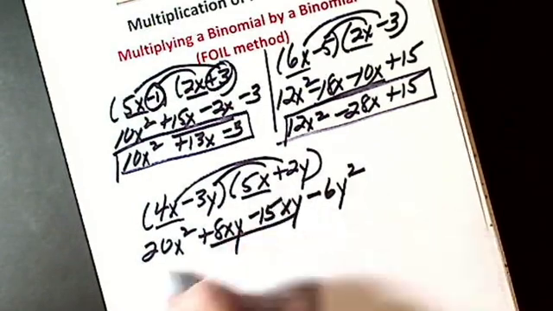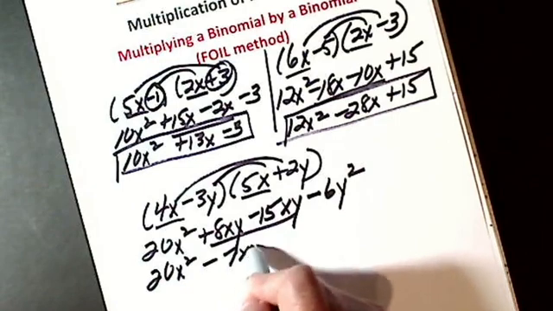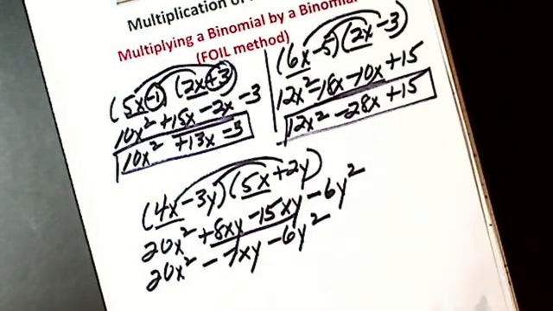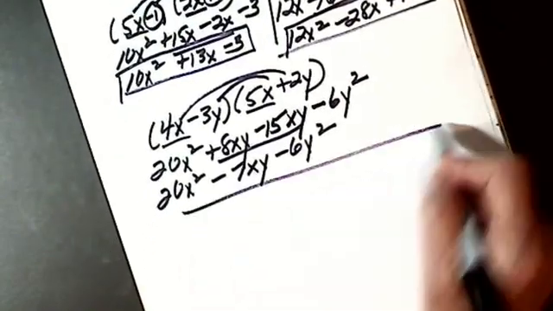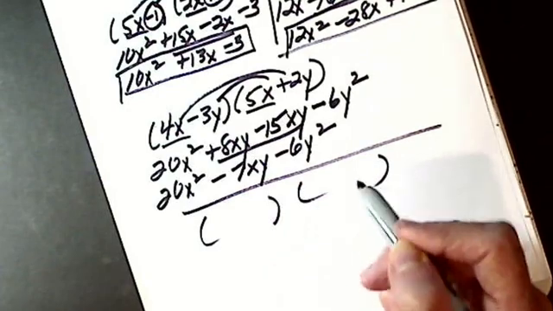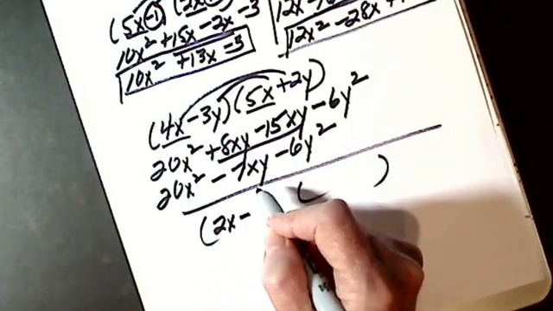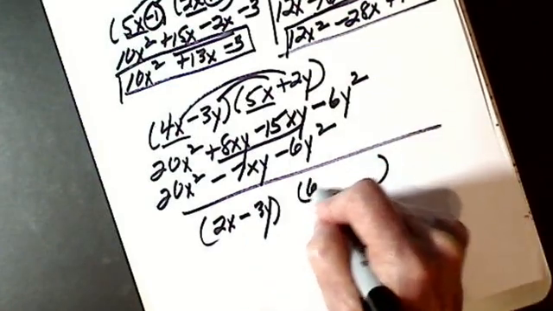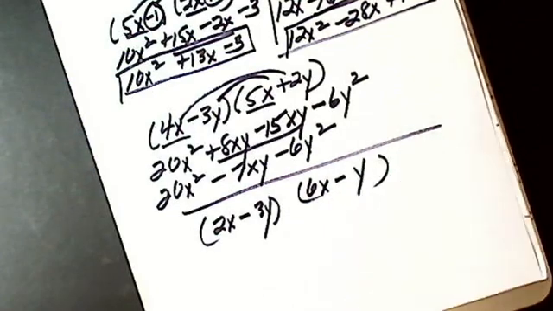Combine like terms. 20x squared, take the sign of the larger, 7xy minus 6y squared. Basically, it's the hardest you can have. We'll do one more. Let's make it 2x minus 3y. And we'll make it a 6x minus y. Okay, here we go.